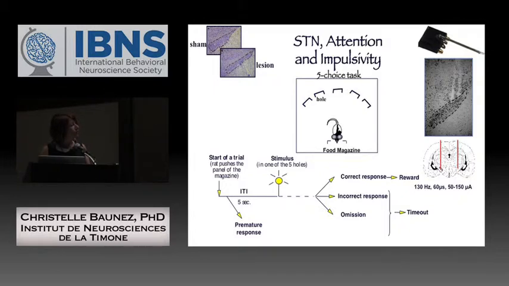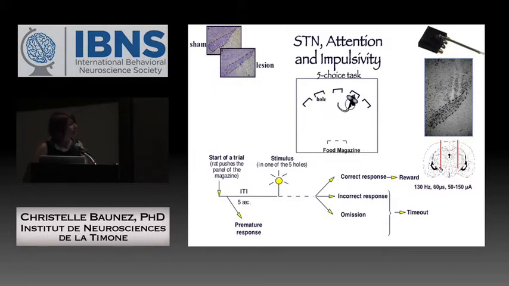They have to start a trial by making a nose poke in the food magazine, and then they have to turn, wait, and detect a brief stimulus light that comes in one of 5 possible holes, and then they have to make a response by making a nose poke in the appropriate hole. If they do so, they get a pellet and they go back to the magazine. Therefore, they initiate the next trial. So it's also involving sustained attention because they constantly start the next trial and have to move on.